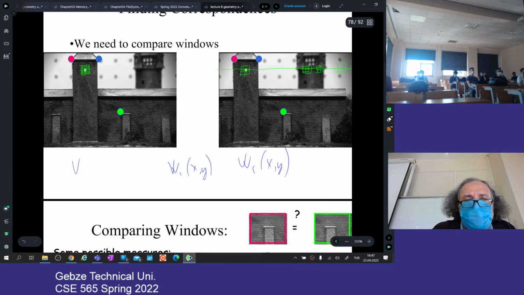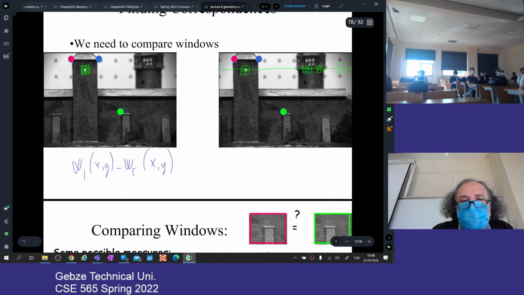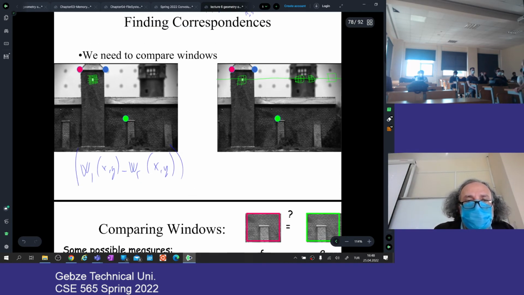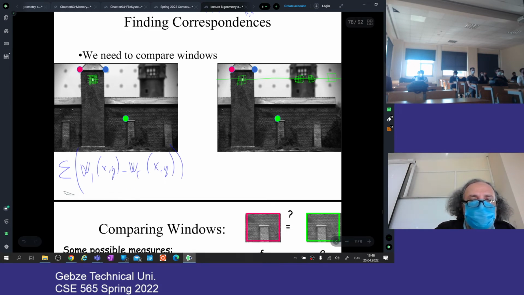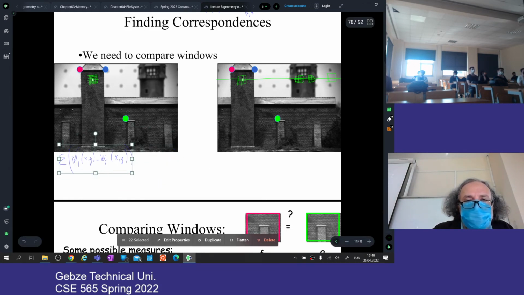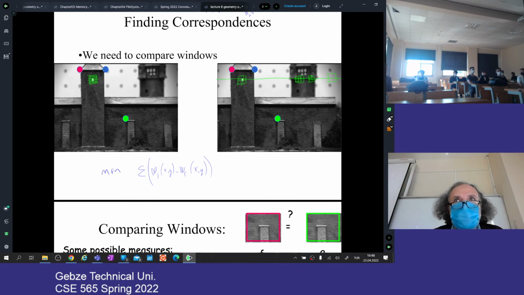Maybe I can do this: window L, X and Y, minus window right, X and Y. Okay, if you subtract them, and if you add them together, I like this value to be minimal. Okay, minimize this value.